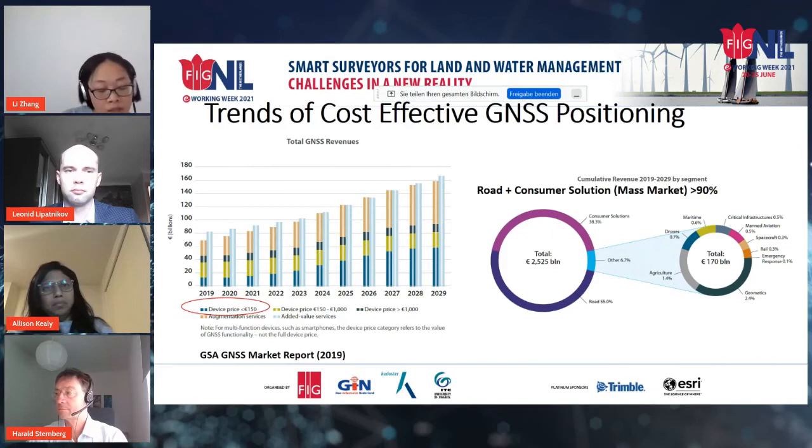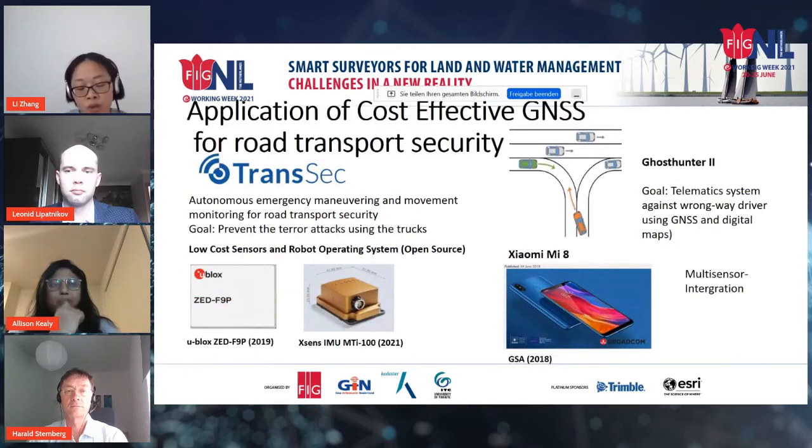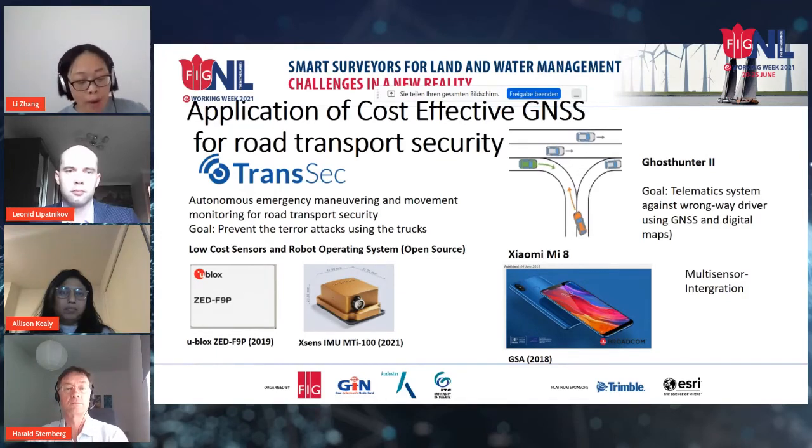Here I take two examples for applications in the road segment, or actually for road transport security, the application of low-cost GNSS for road transport security. I take these two projects as examples just because the institute where I work joined the projects, so I know a little more about them.